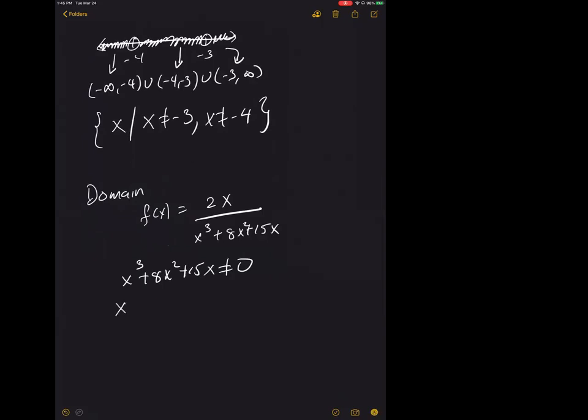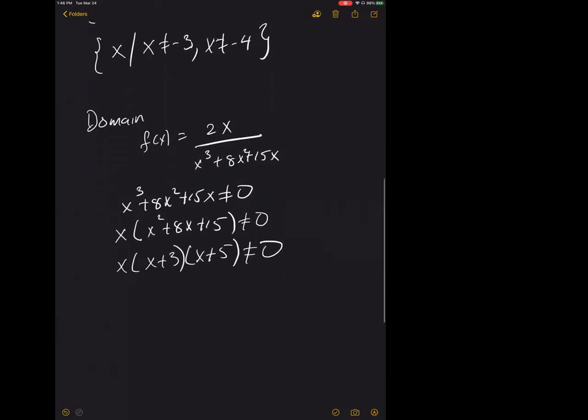Within here, I can factor out x. That leaves me with x squared plus 8x plus 15. Everything loses a power. I need two numbers that multiply to 15 and add to 8. Those numbers are 3 and 5. Therefore, x times x plus 3 times x plus 5 cannot be 0.